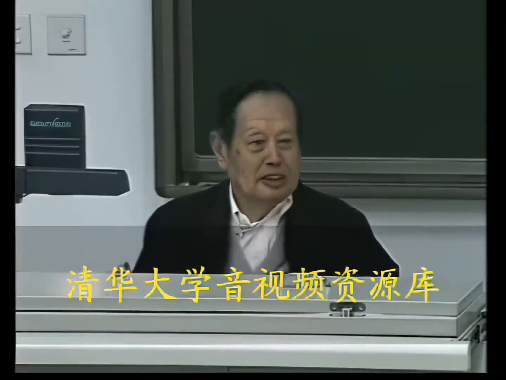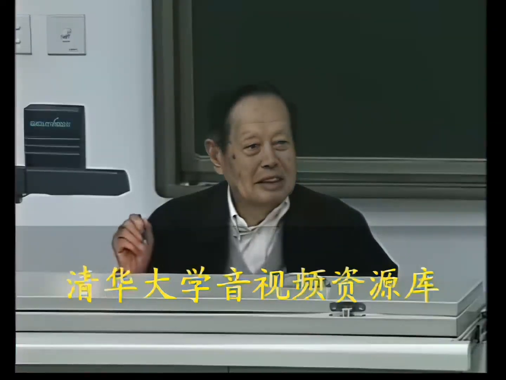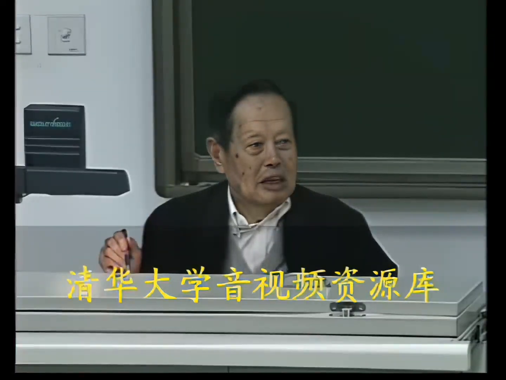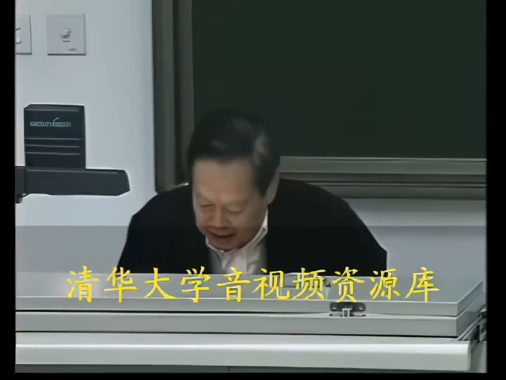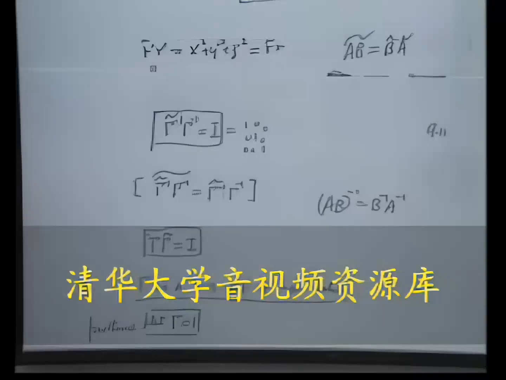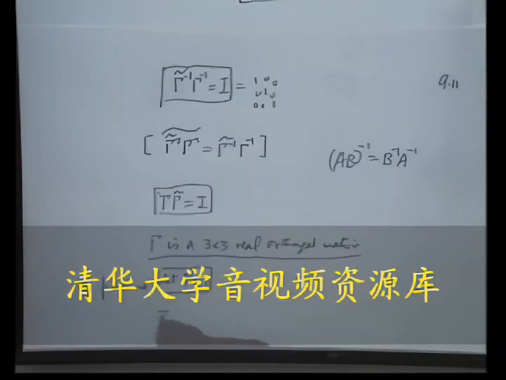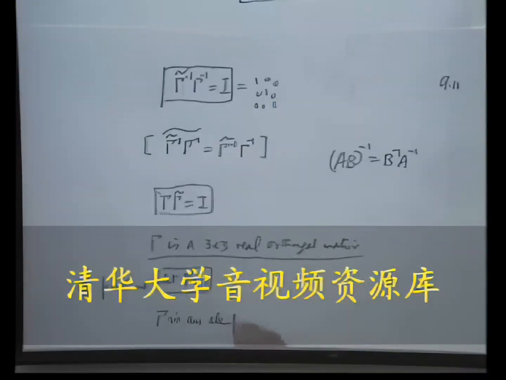So the net result, we have the following. We now have a 3 by 3 real matrix, which is orthogonal in the sense that gamma tilde gamma is equal to 1. And furthermore, its determinant is 1. Mathematically, one says gamma is an element of SO3.